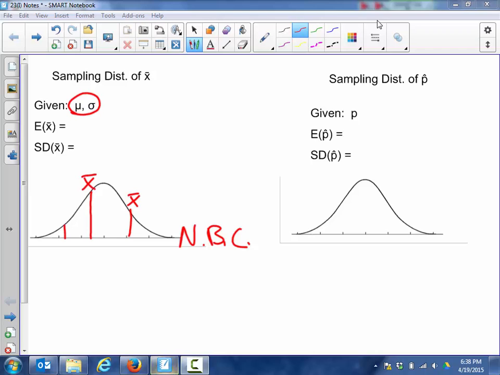So for instance, maybe the sample means that I'm taking that would fit on my bell curve, all these different sample means that we could observe, maybe they are from samples of size 50 students from Yorktown High School, and we're just averaging out their heights. Okay?